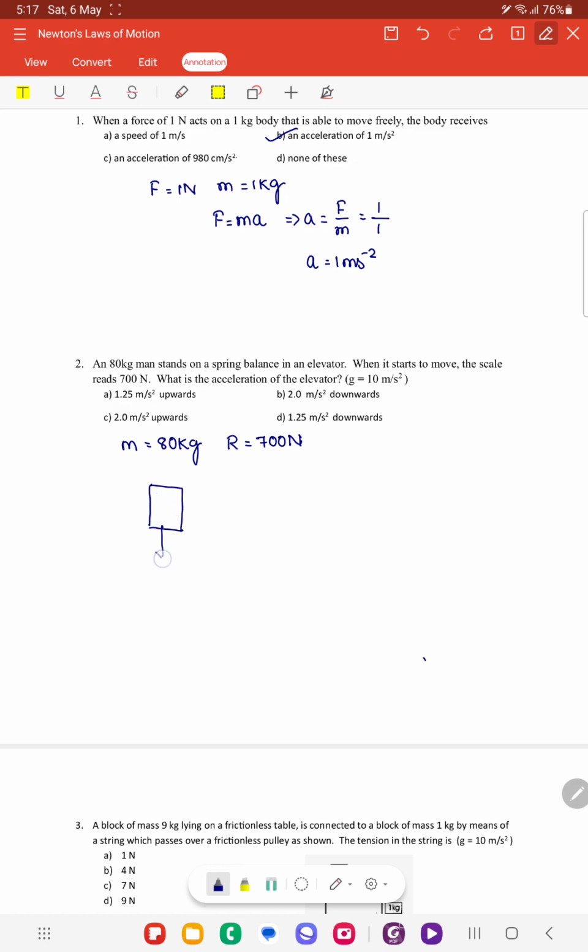Here weight acts vertically downward, W is equal to m into g, and the reaction force R by the elevator is in the upward direction. Let us consider that the elevator is moving vertically downwards with acceleration a.